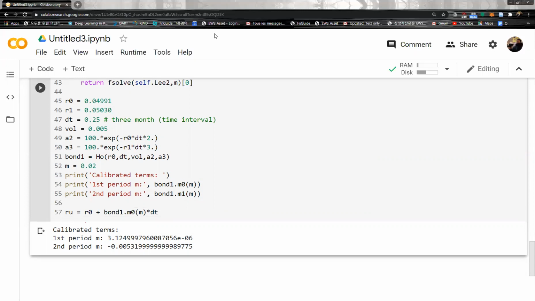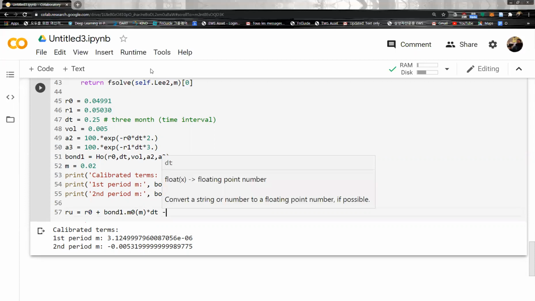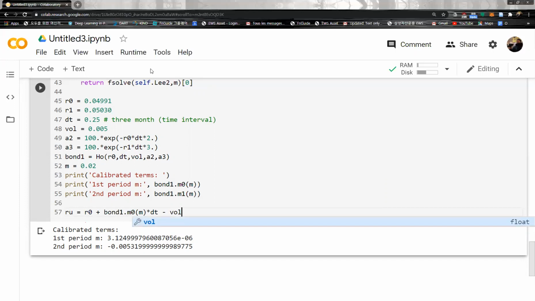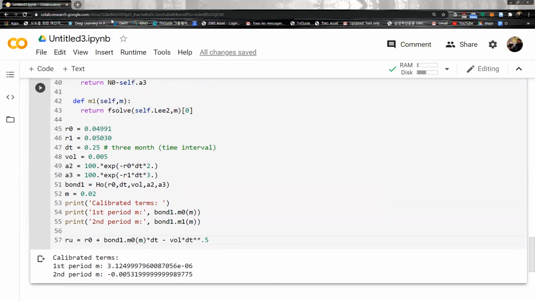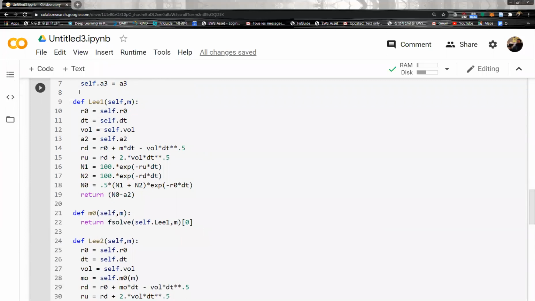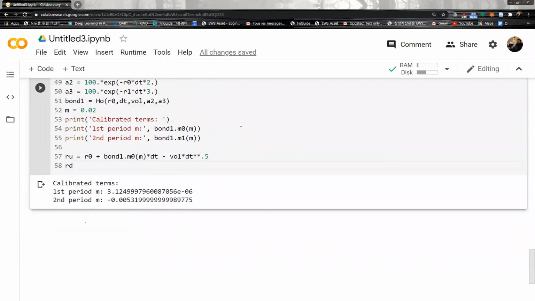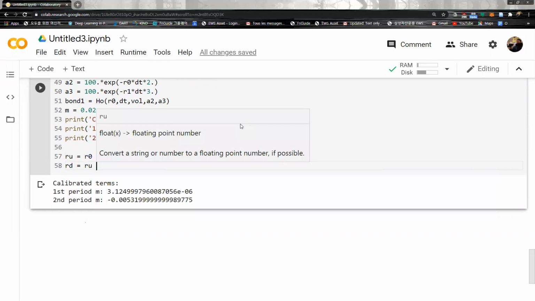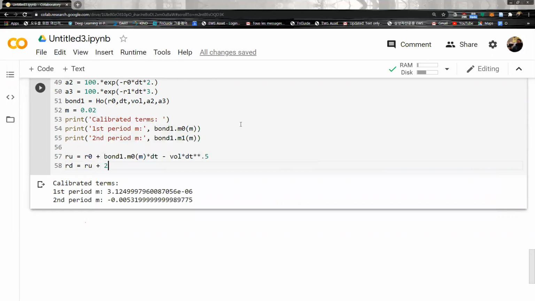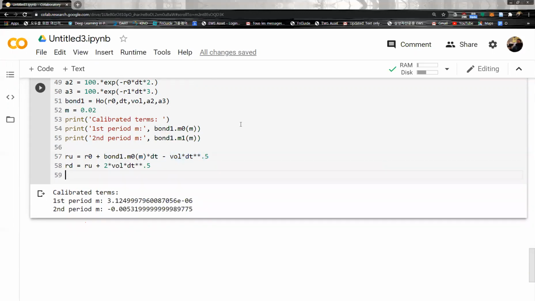And then we have a minus volatility, and then dt to the power of 0.5. So basically same as this one. So I just want to show you the path of the interest rate, and then RD is RU plus 2 times this one. Okay.